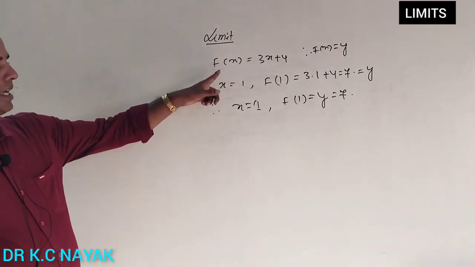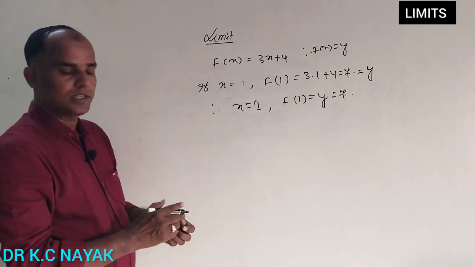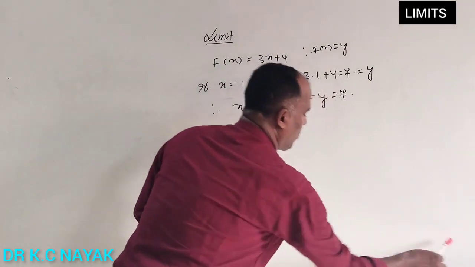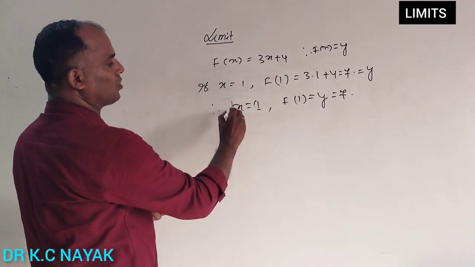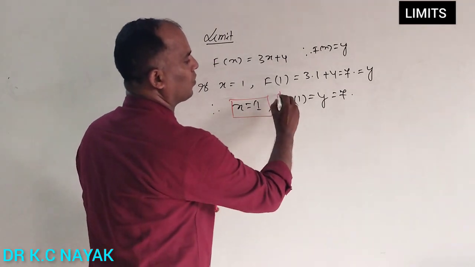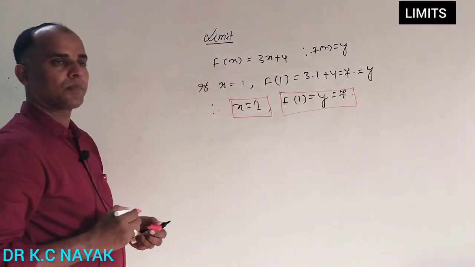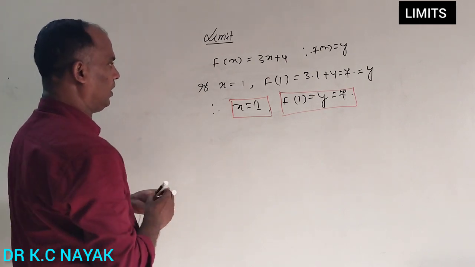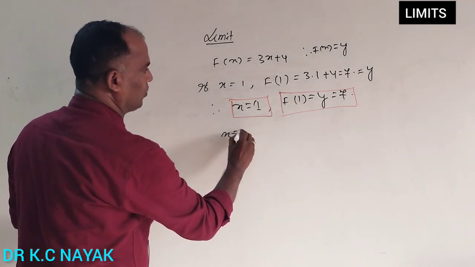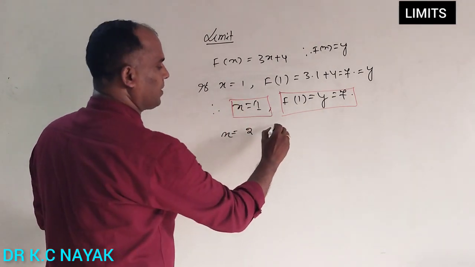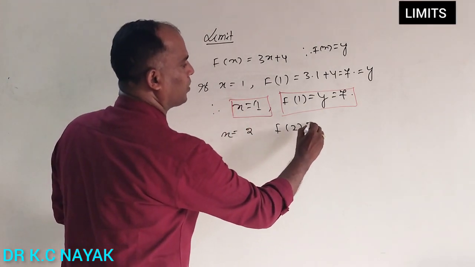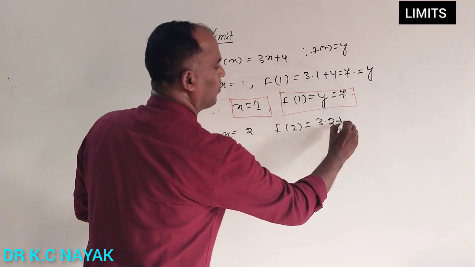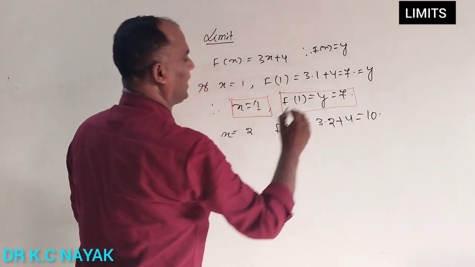Let us take this example. If x is close to 1, y is also close to 7. Suppose we take one more example: x is equal to 2. F of 2 is equal to 3 into 2 plus 4, which is 10.